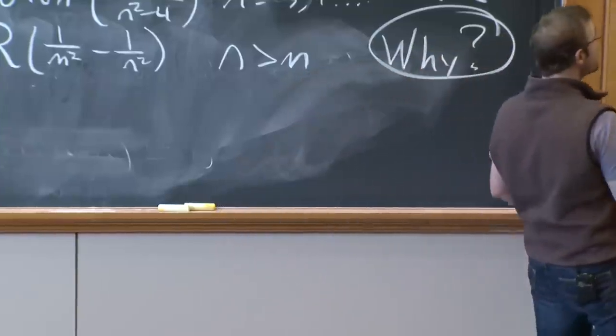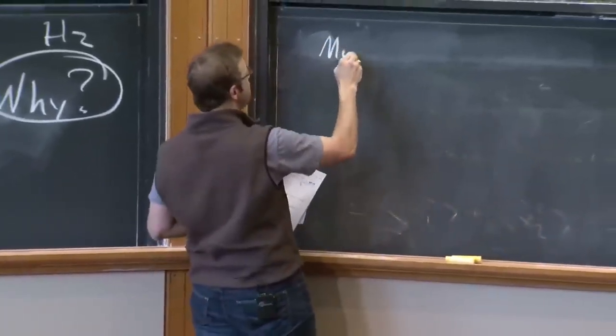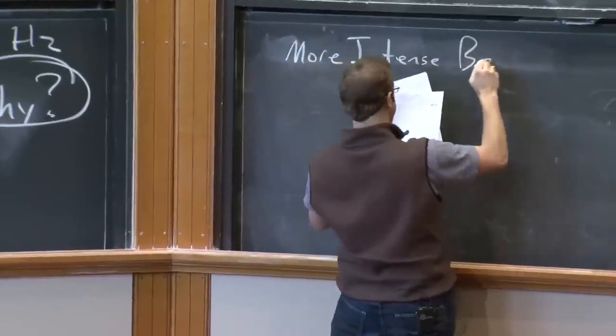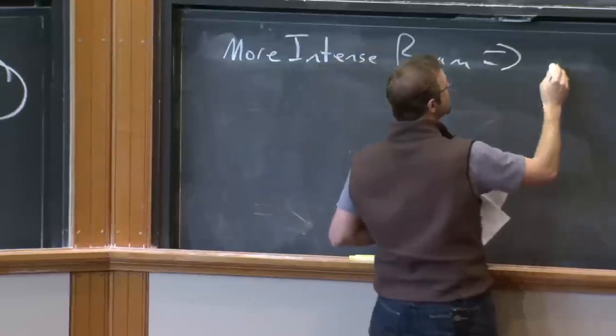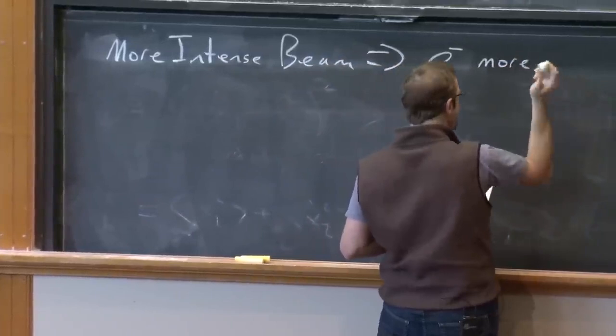So the expectation here is the following: if you have a more intense beam, then the electrons coming off should be more energetic, because you're hitting them harder.